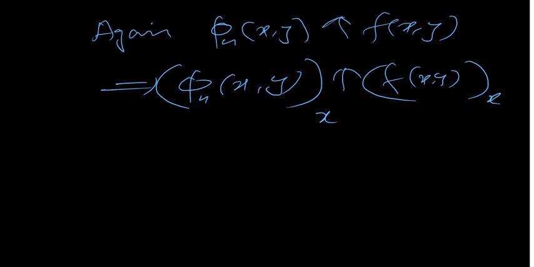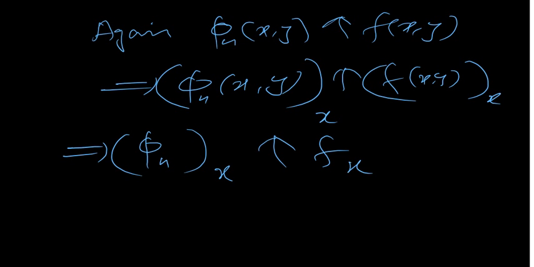Or you can simply write it as phi_n of x, a function of y, and it will increase to f_x, and this is true for all x in X. So it follows that f_x is defined as a nu integrable function, because phi_n of x increases to f_x, and the limit of the integral of phi_n of x is finite. So that means f_x is a nu integrable function.